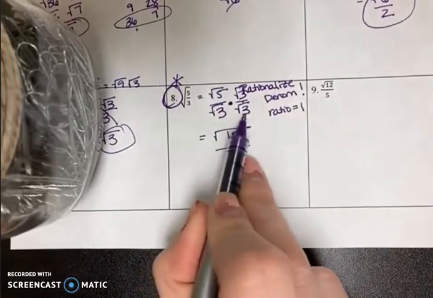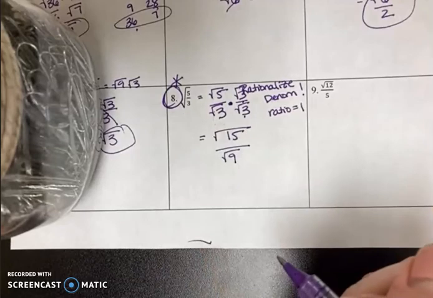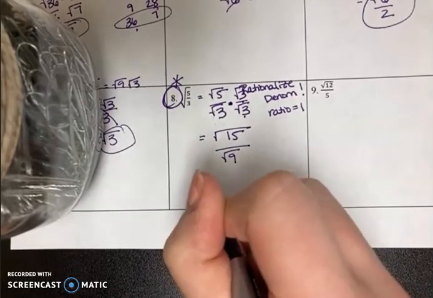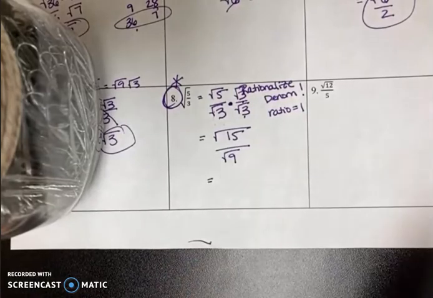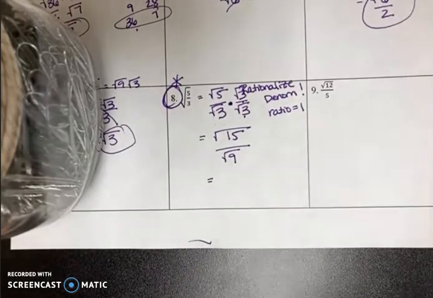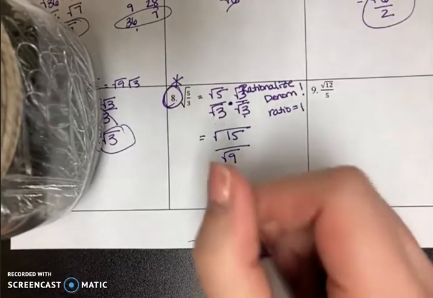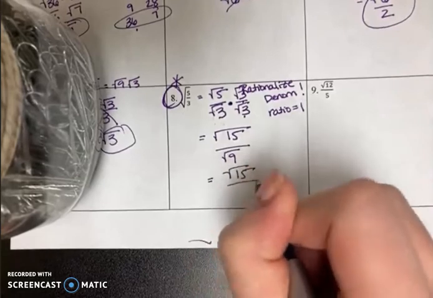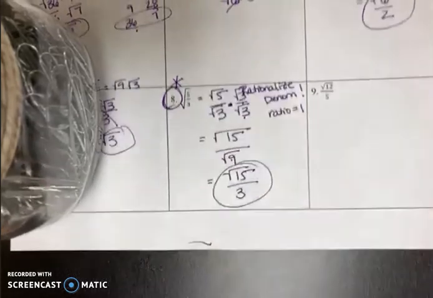And then root 3 times root 3, which is the square root of 9. Then we can simplify further. The square root of 15, the factors of 15 are 1 and 15, 3 and 5. None of those are perfect squares greater than 1. So I'm just going to leave it as root 15, but the square root of 9 is 3.